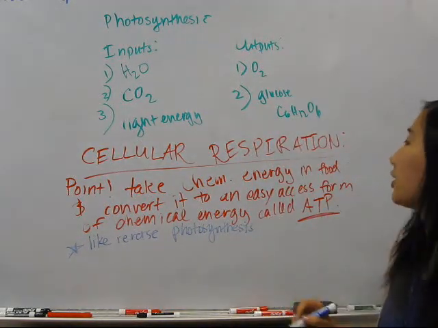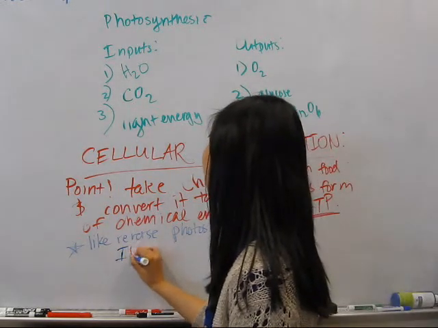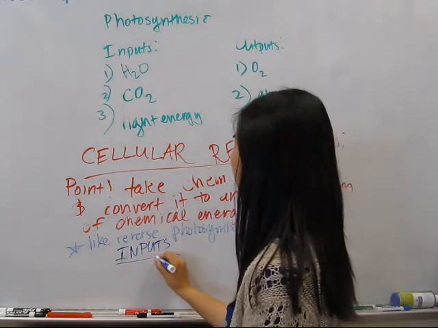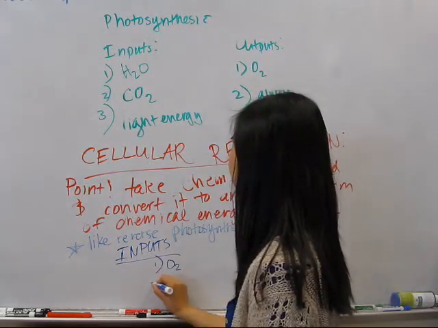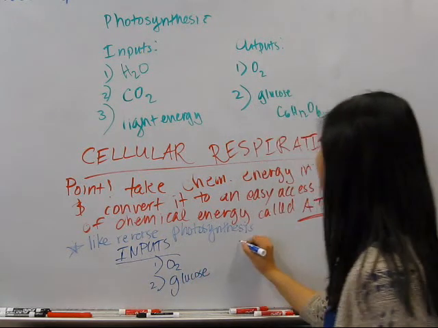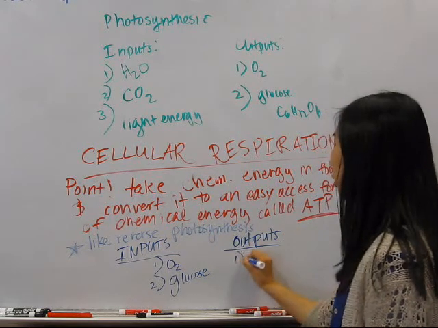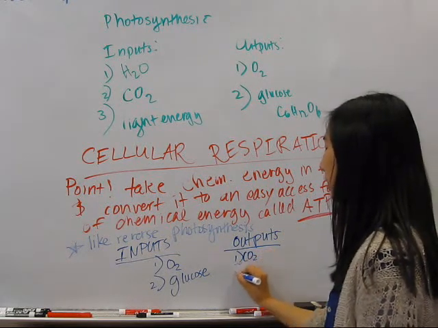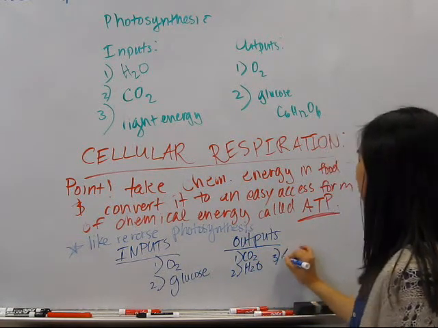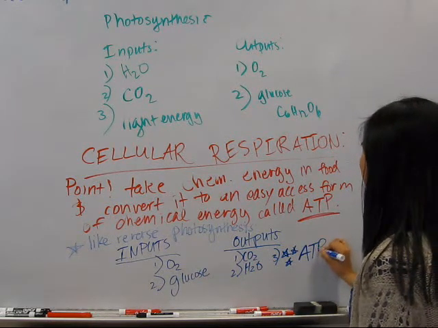So the inputs for cellular respiration are going to be oxygen and glucose. The outputs are going to be carbon dioxide, water, and most importantly, star, star, star, ATP, okay?